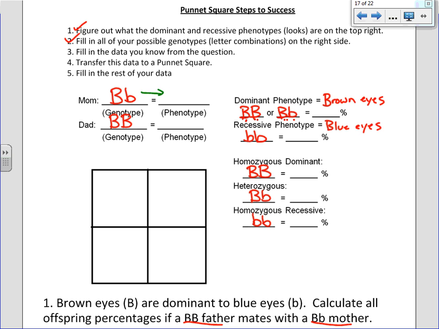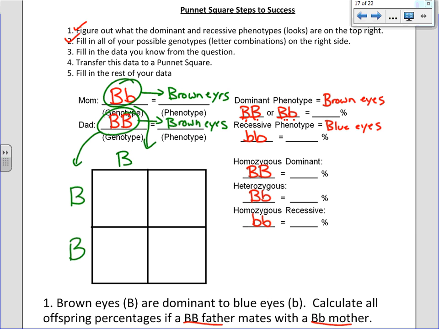If mom is big B, that means that she has brown eyes. If dad is big B, that means he has brown eyes. We then take the letters. We'll take dad's big B and split them up over here, big B and big B. We'll take mom's and put hers, big B, little b.